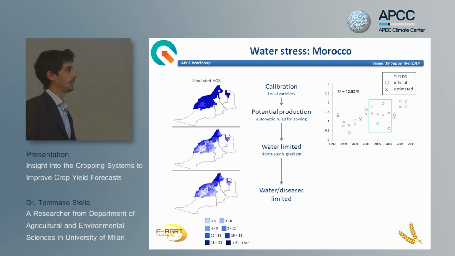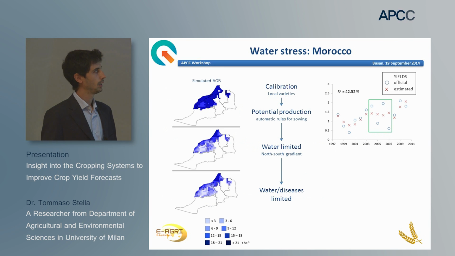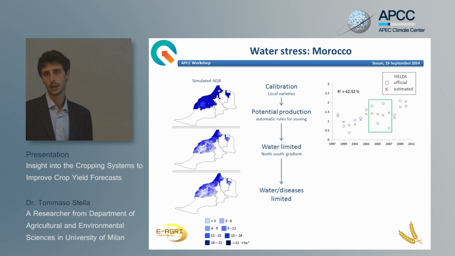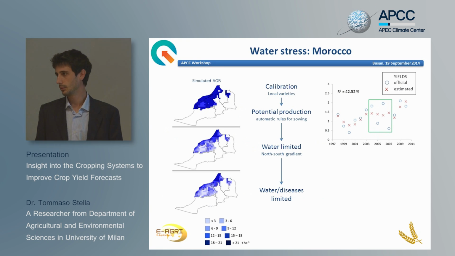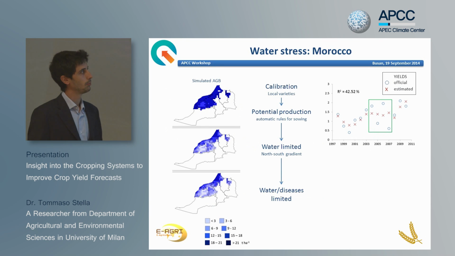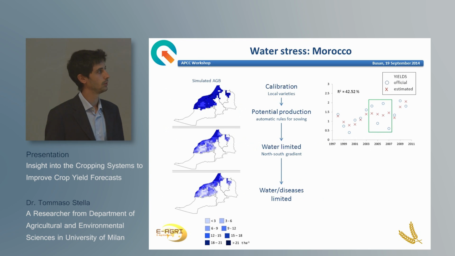And then we simulated water stress, so the effect of water limitation, and a strong north-south gradient was highlighted in this simulation. This was expected, obviously, because of the different pattern of precipitation in Morocco, but it was not simulated in potential conditions.